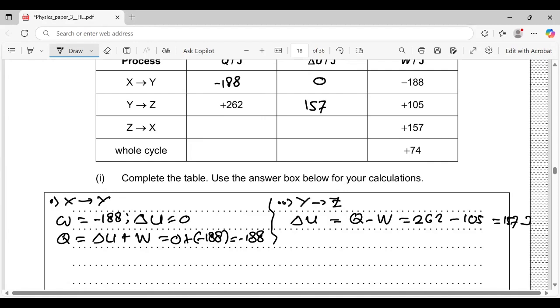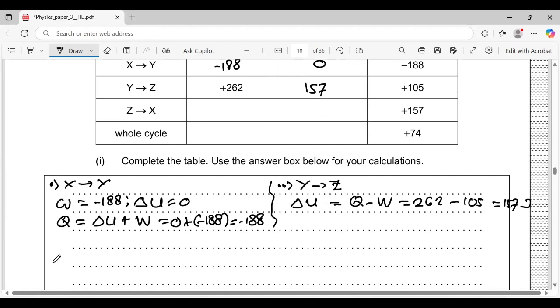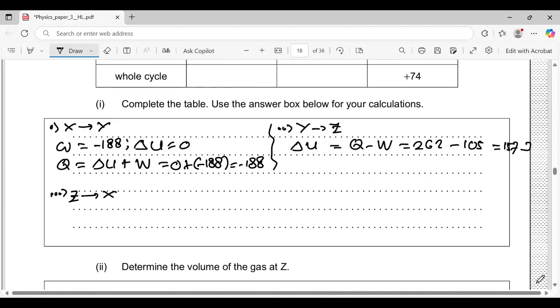The next process, Z to X. For Z to X, W equals plus 157 joule, and this is a return to the original state.